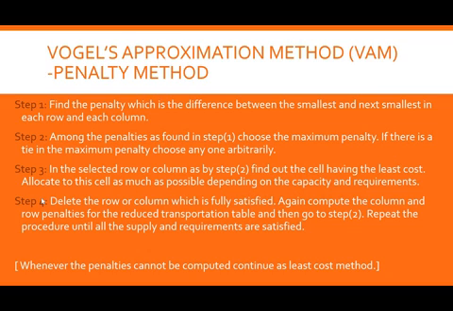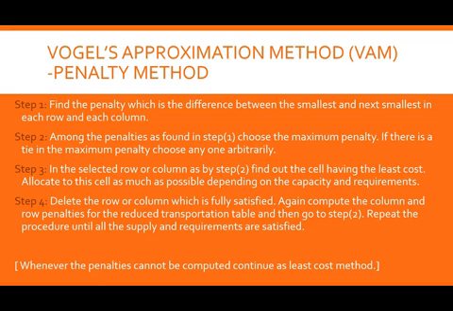Okay. Then step 4, delete the row or column which is fully satisfied. If the capacity or the requirement is completely satisfied, then that particular row or column will be crossed off. Again, compute the column and row penalties for the reduced transportation table. See, after crossing off a row or a column, the transportation cost matrix will obviously change.